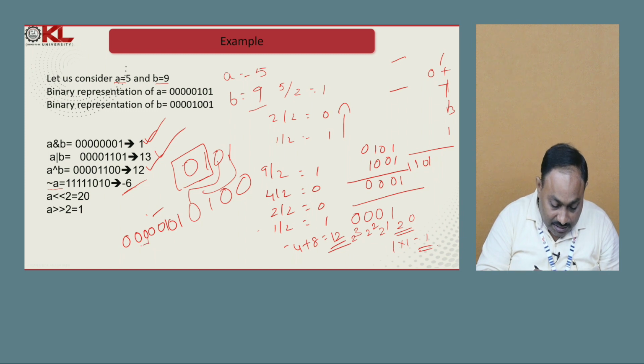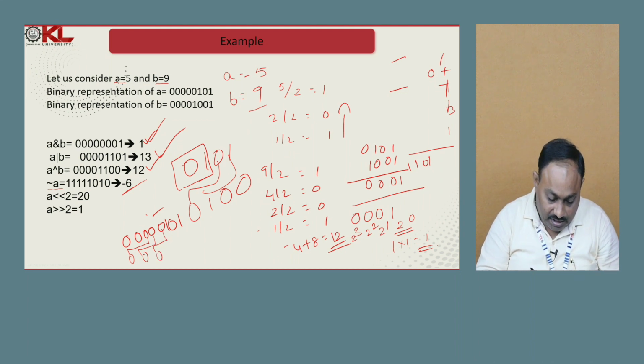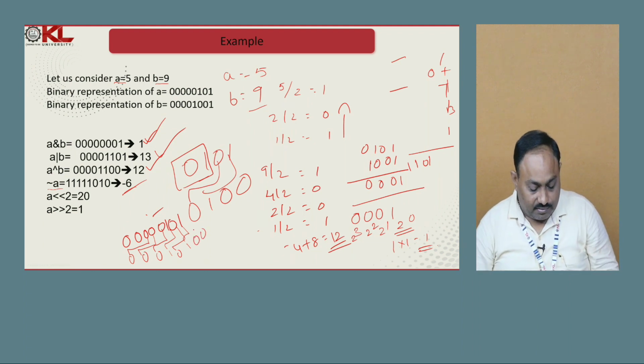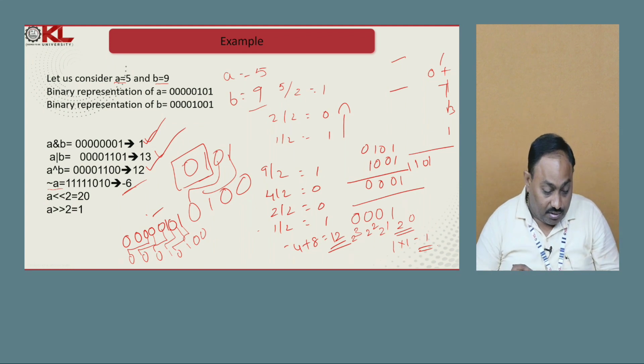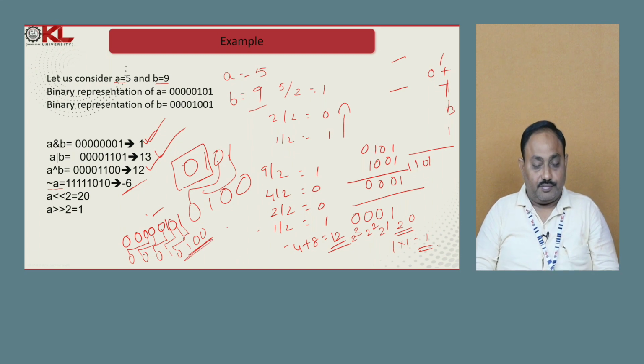That means this bit comes here 0, this bit comes here 0, this bit comes here 0, this bit comes here 1, this bit comes here 0, this bit comes here 1, and finally we get the 0, like that. This is the value of A left shift 2.